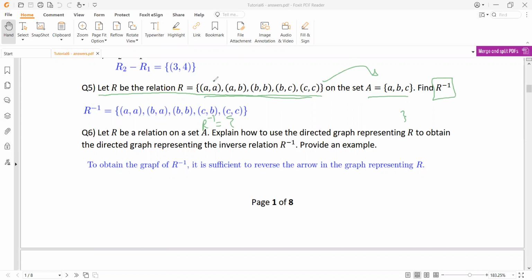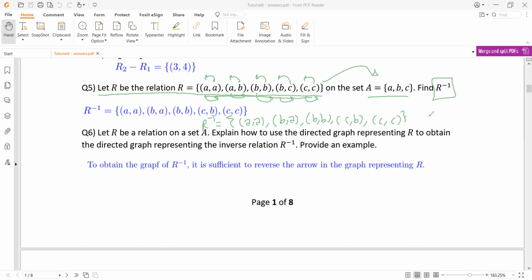So I'm going to swap the two elements of every tuple. So A with A again, and here B with A, B goes to A, and here B goes to B, and here C goes to B, and here C goes to C. Okay, Shabab? This is great.